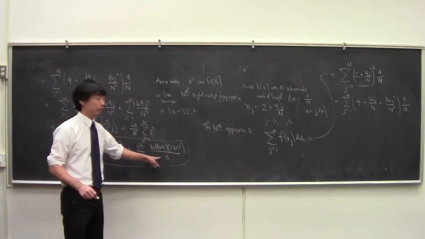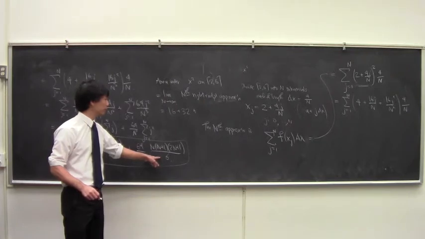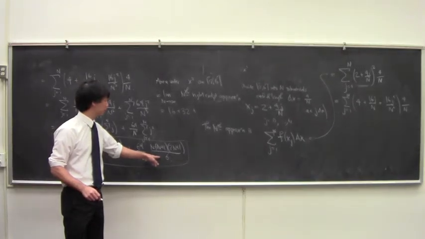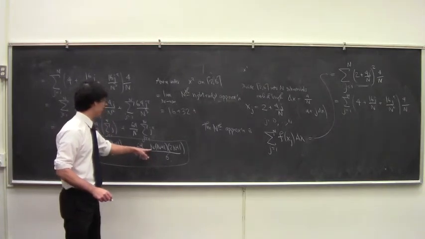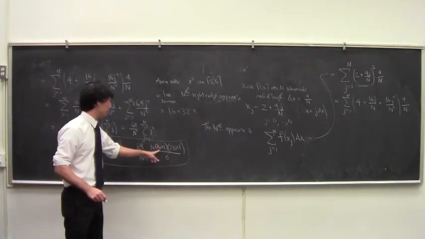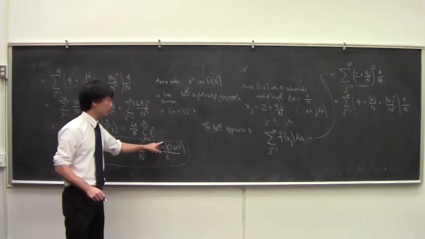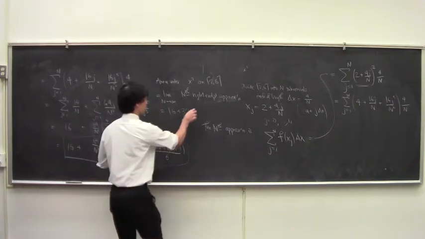As n goes to infinity, these go to 2, and you get 2 over 6, that's 1 over 3, so you get 64 over 3.